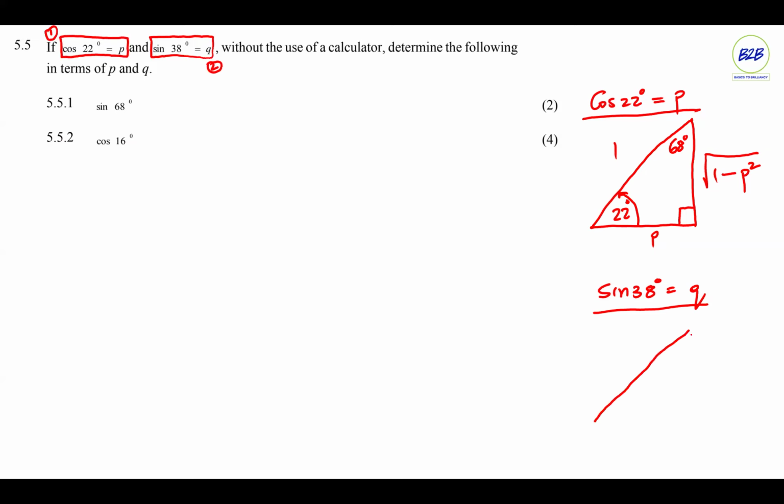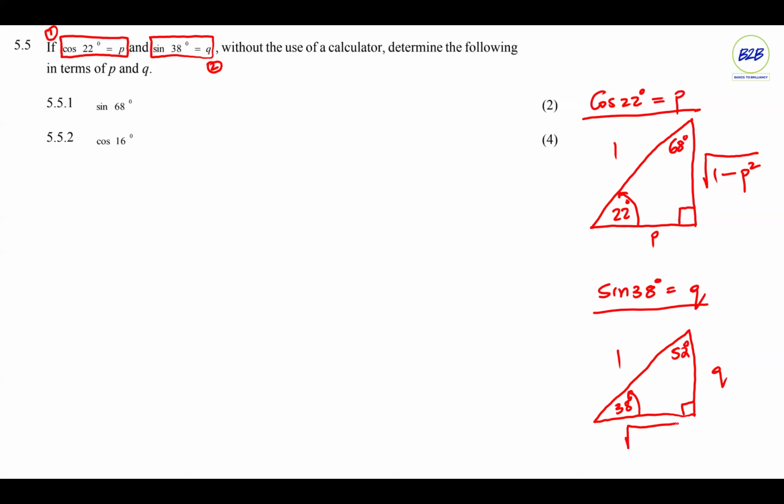And then similarly for the second piece of information, we have angle 38 degrees here. Using our property, we calculate the third angle, we get 52 degrees. The opposite side will be Q. The hypotenuse will be 1.